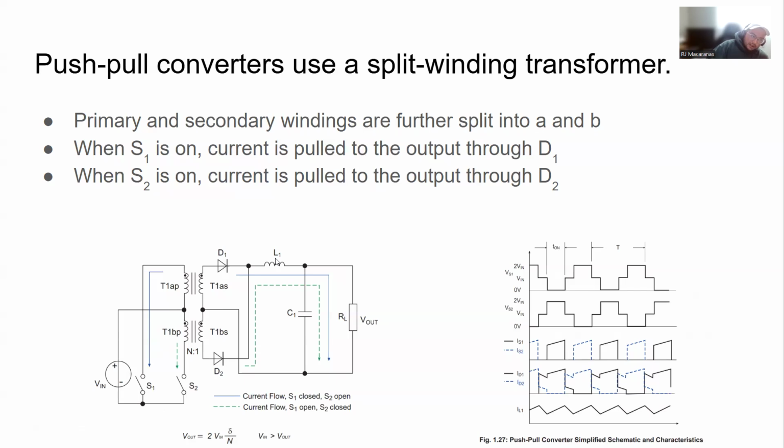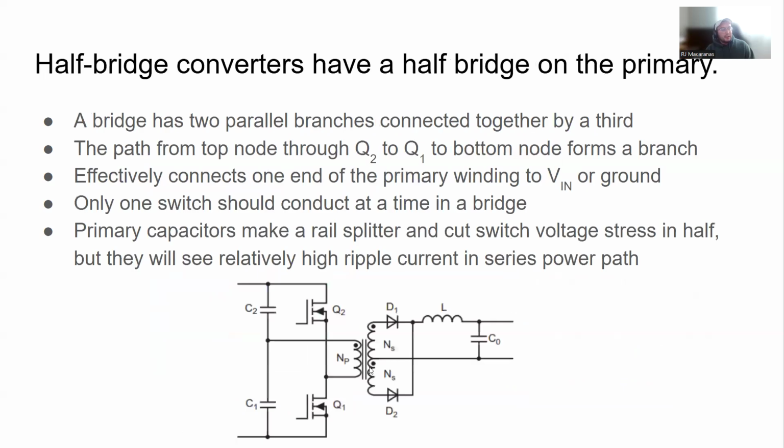So it's very similar, I think, to the forward converter operation in the sense that we're not really storing energy, right? It's just continuously pushing and pulling energy through these transformers. But that's a push-pull converter.